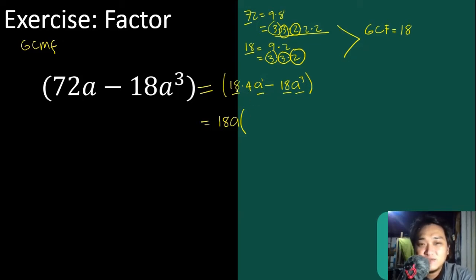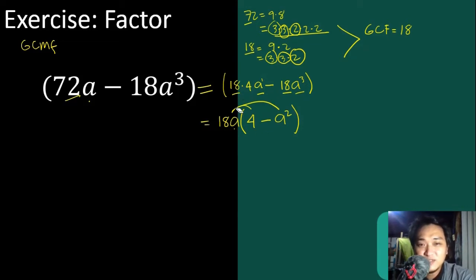So, ang natira sa loob, after mo maglabas ng 18 at saka isang A, matitira na lang sa loob si 4 minus, syempre, nailabas mo sa second term, nailabas na natin si 18, tapos naglabas tayo ng isang A, don't forget. So, si A cube magiging A squared. Ngayon, kung duda tayo kung tama ba yung sagot natin, ibalik lang natin using a distributive property. 18 times 4 is 72 times A. And then, 18A times A squared is 18A cubed.